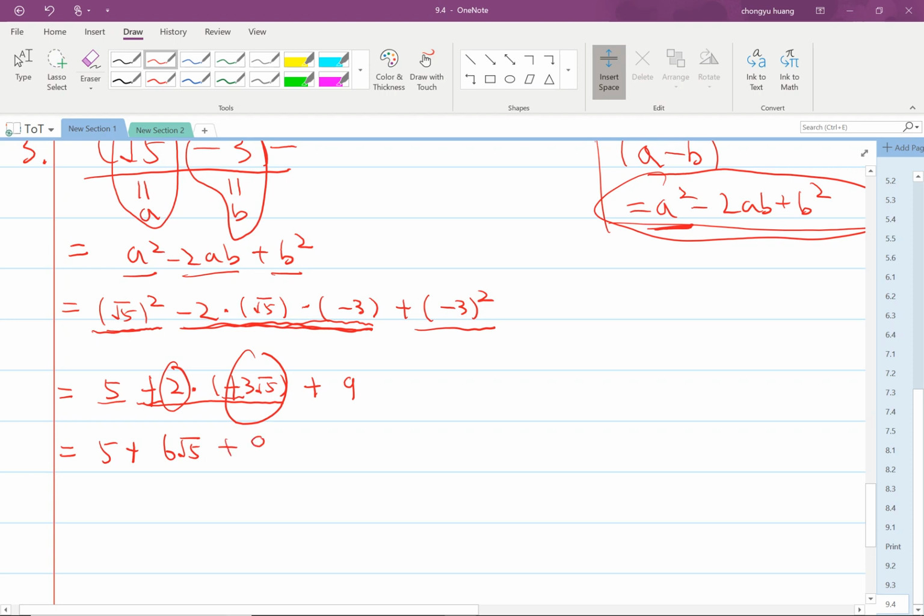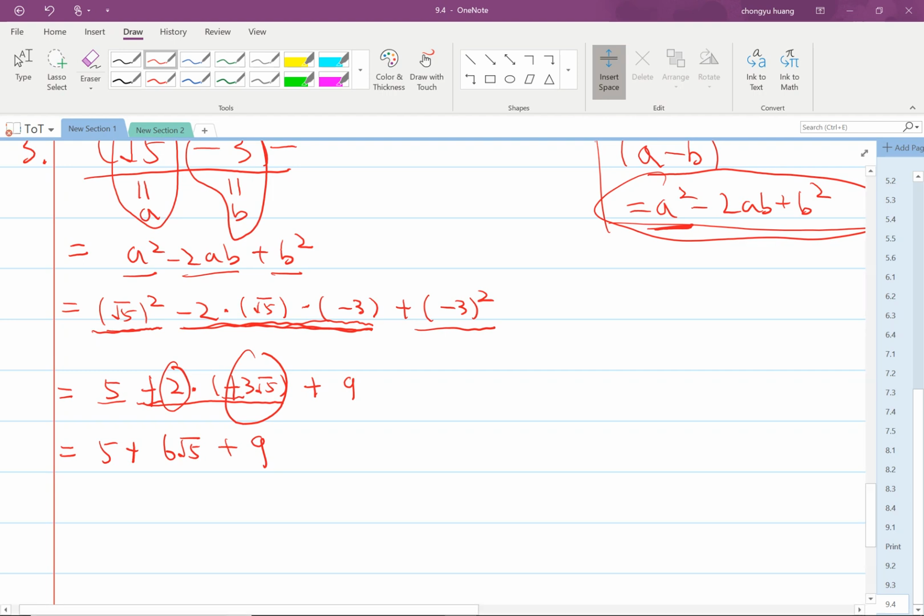Over here it's just a simple calculation. You just continue combining those terms and try to make it as simple as possible. That's basically all we have to do.